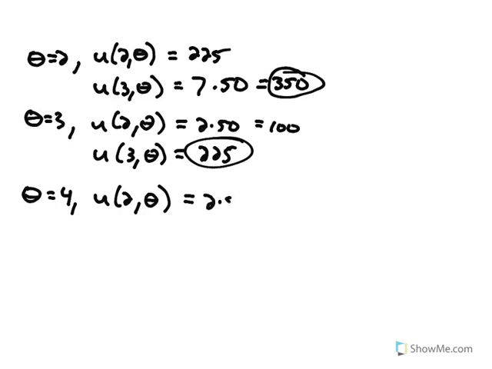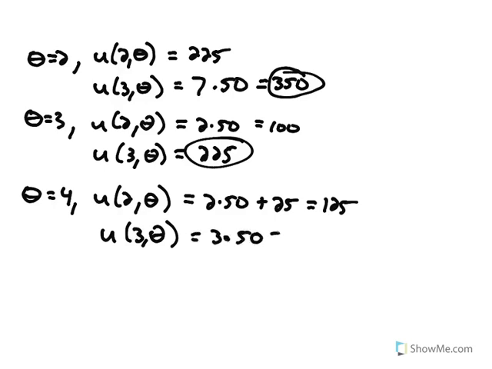So that's going to be 2 times 50 plus half of block 3, which is 25, $125. Whereas the utility of choosing 3 under theta, so she chooses block 4, and I choose block 3, I'm going to get 1, 2, and 3. So I get 3 times 50, which is 150, which is better. And we can make the similar argument for theta 5, 6, 7, and 8. 3 is always going to be better than 2.